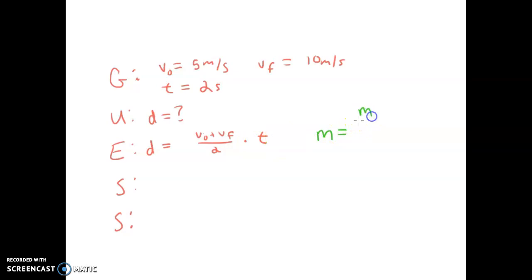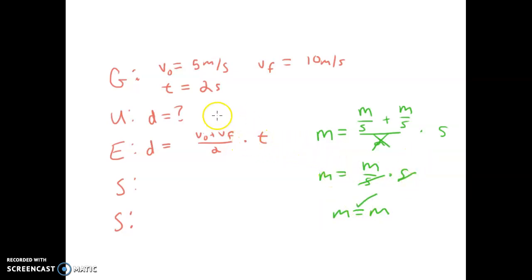If I have a meter per second plus a meter per second, and 2 times a second, well, we know 2 is unitless, so it doesn't matter. A meter per second plus a meter per second is still a meter per second. And finally, when we have a second divided by a second, that cancels out. So we have meters equals meters.